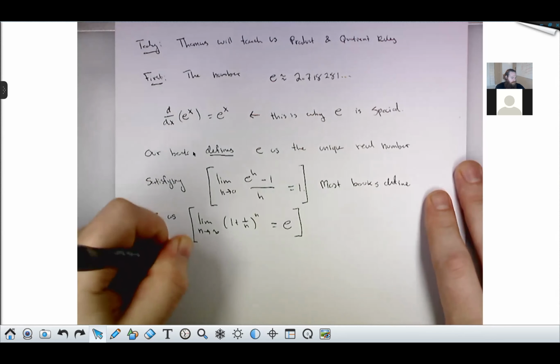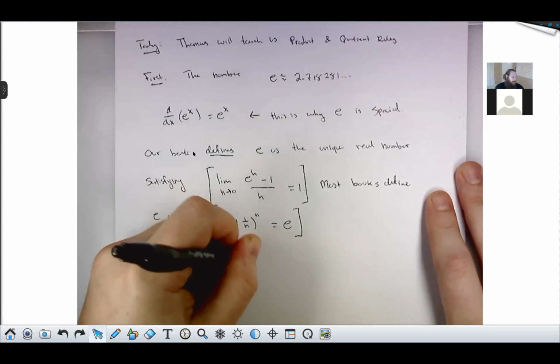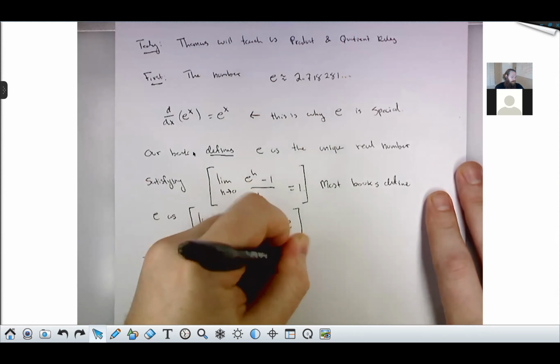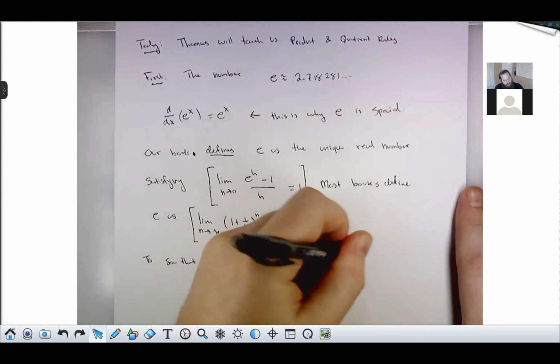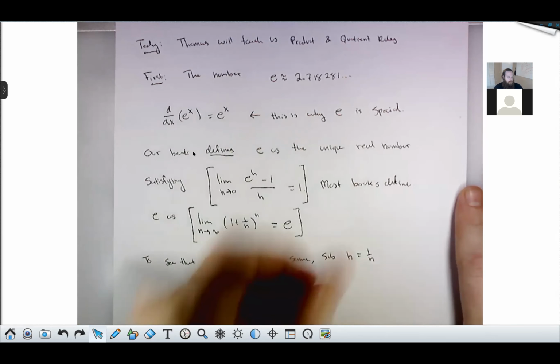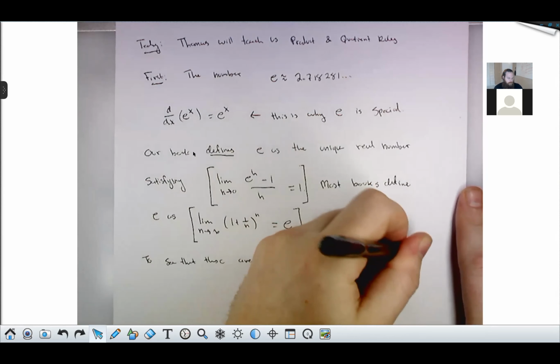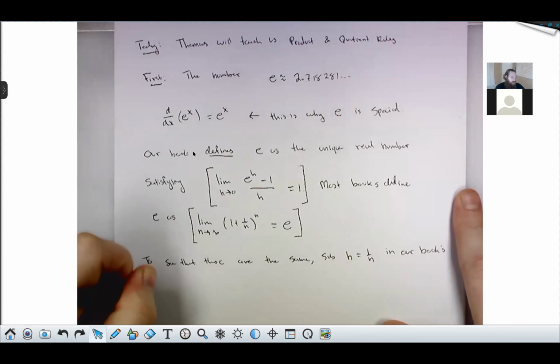To see that these are the same, substitute h for 1 over n in the first definition, in our book's definition.